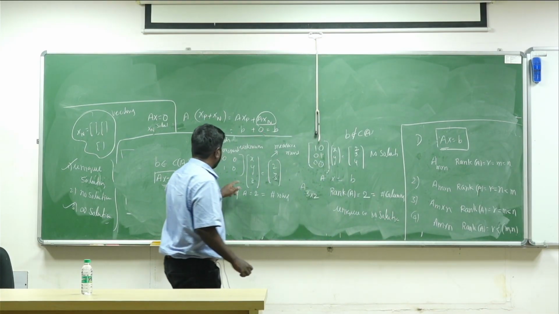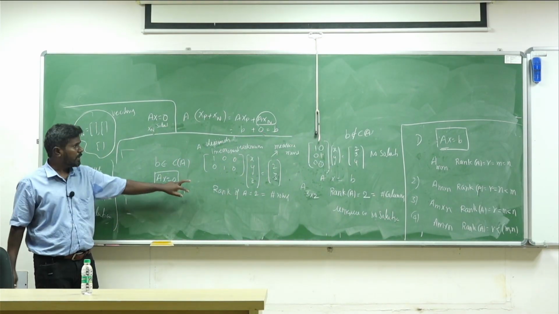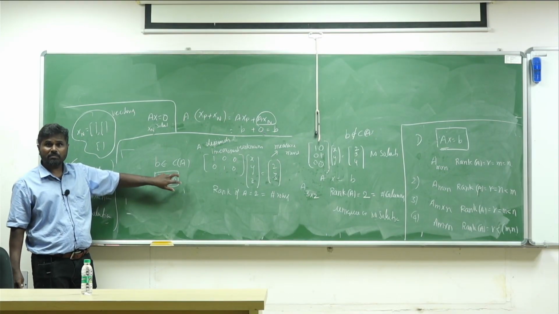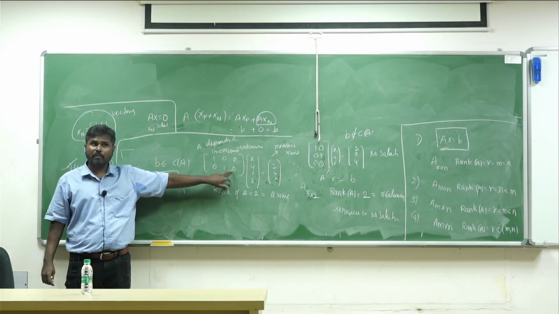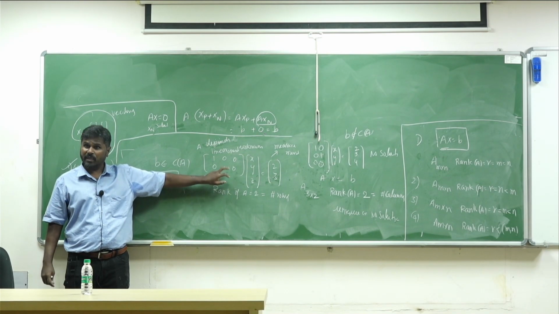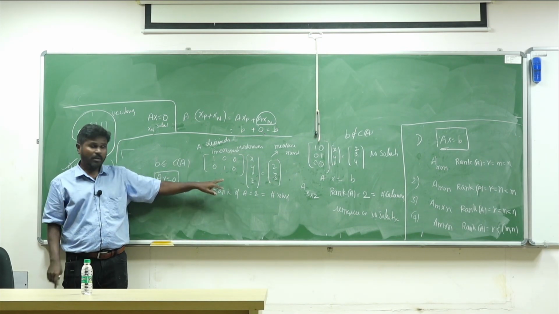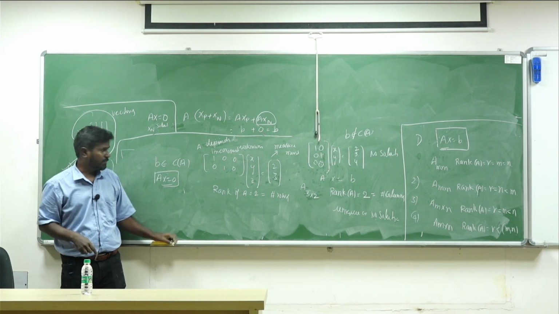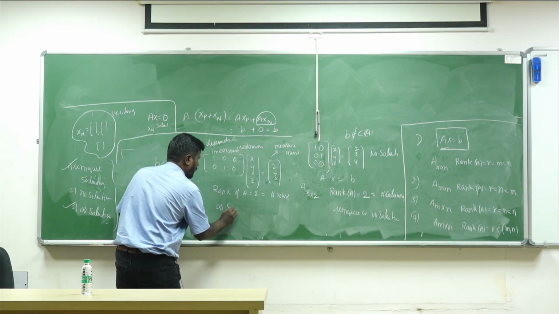But this system of equations has infinite solutions, because B always comes from the column space of A, and in addition the null space exists. So here, infinite solutions.